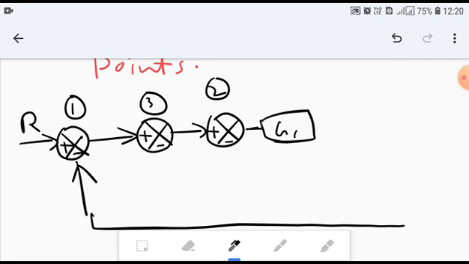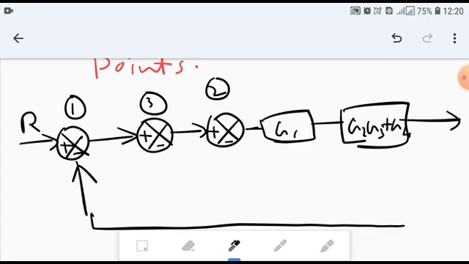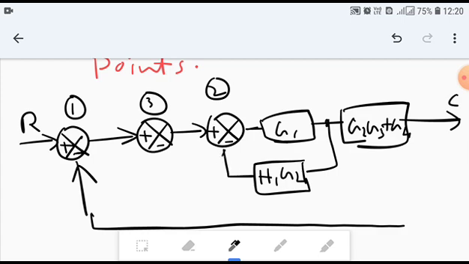So we had G1 and here we had G2, G3 plus G4, and here we have the output C. And now between G1 and G2, G3 plus G4 we have the feedback of H1 G2, and that is given to summing point 2.